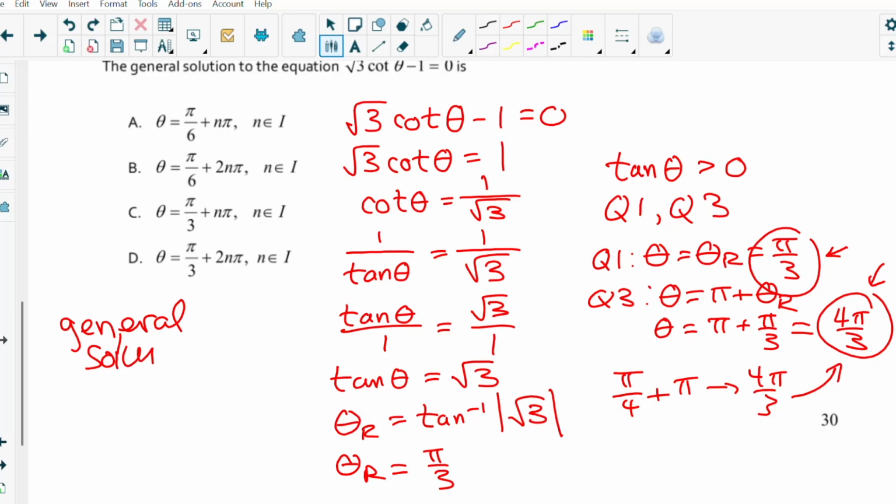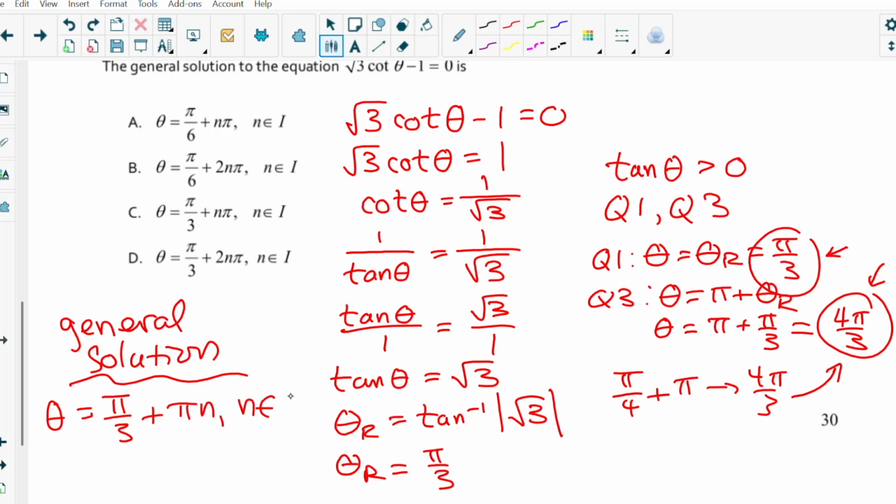Okay, so general solution. That's theta equals pi over 3 plus pi n, where n is an element of all integers. So which of these matches right here?